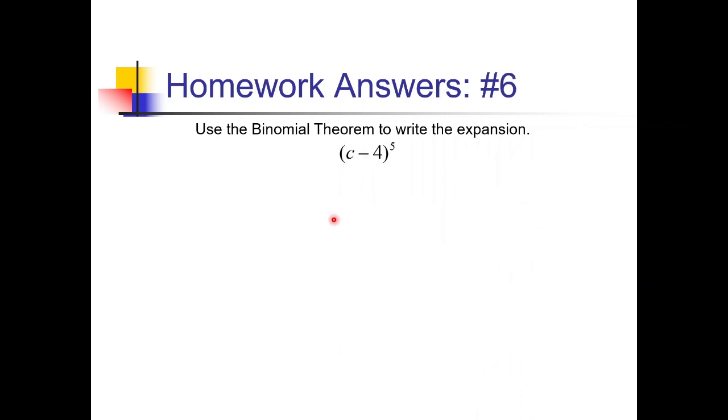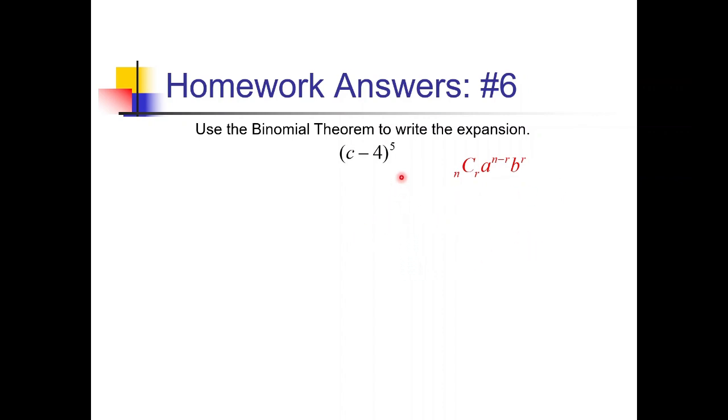For this one, they want us to use the binomial theorem to expand c minus 4 to the 5th power. So again, here's our binomial theorem formula. We're going to start with an n value of 5 and an r value of 0 and work our way up to r equals 5 as we go from one term to the other.